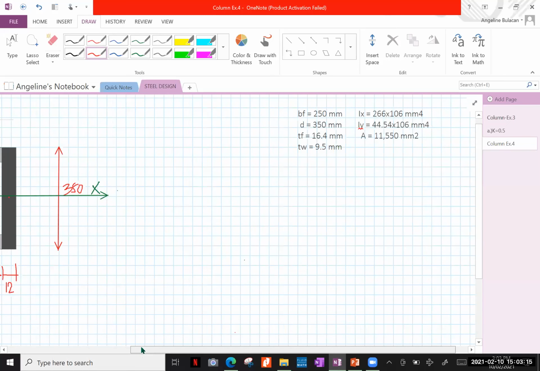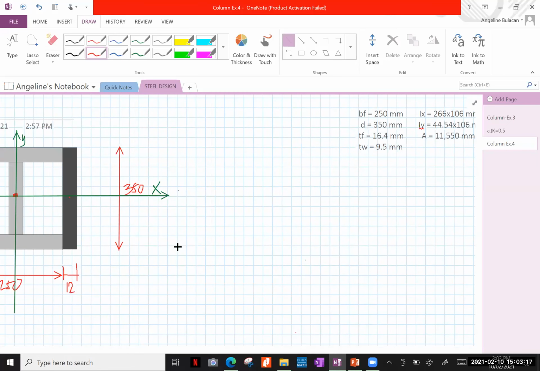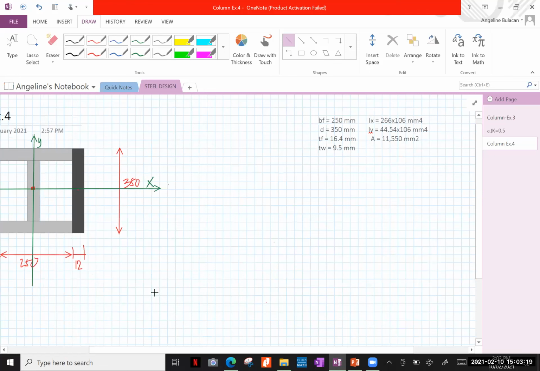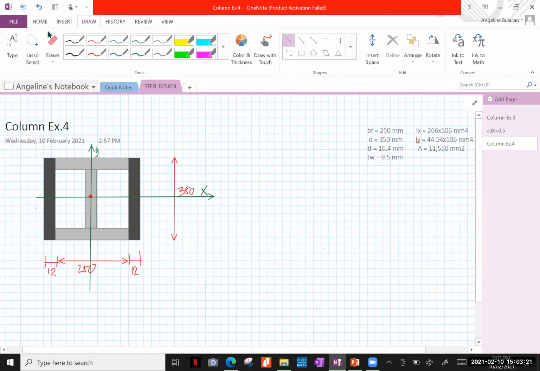Compute natin yung IX. So, IX is i-add lang natin. IX is equal to, unahin natin yung W section.